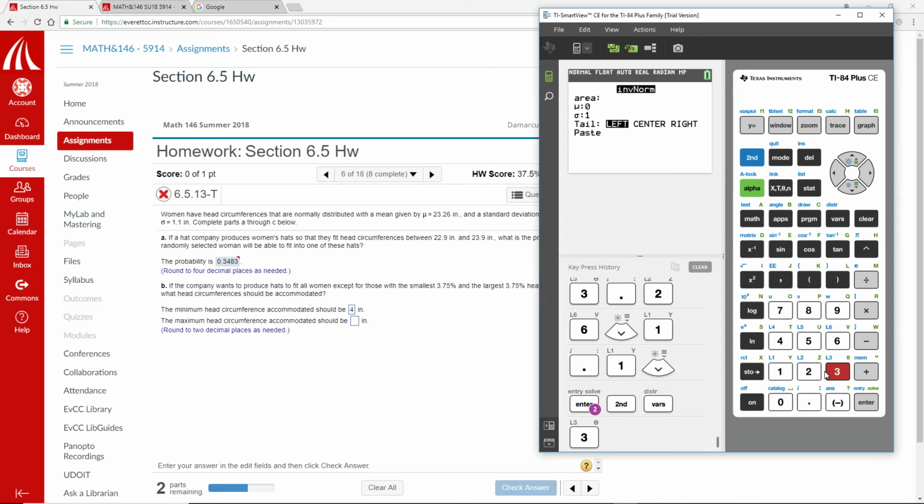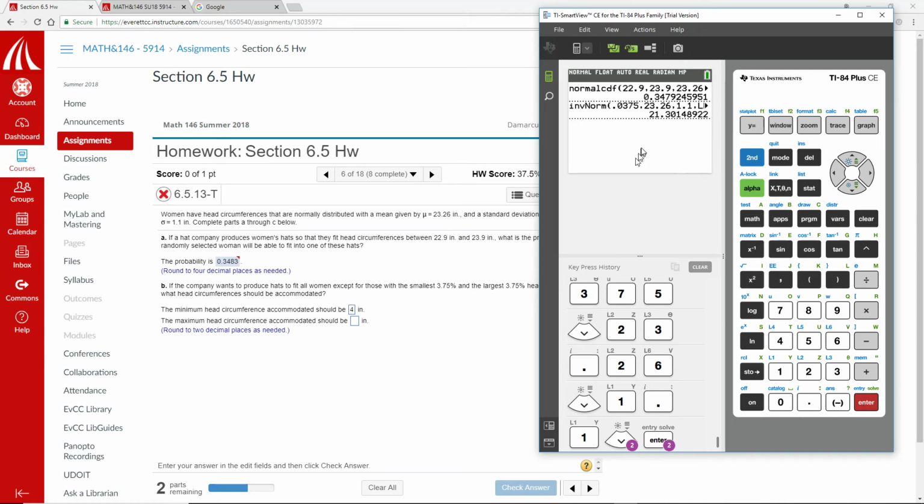The percent is 3.75, but we have to enter that as a decimal, so it's 0.0375. The area can never be more than 1. It's a percentage. And our mean, let's put in 23.26, our deviation 1.1, and it's to the left.